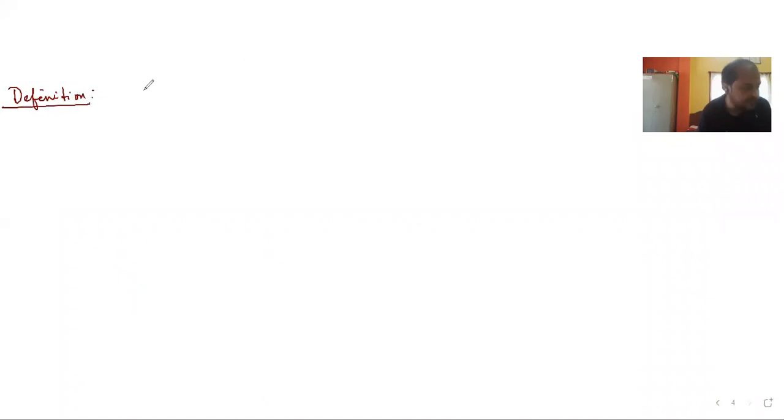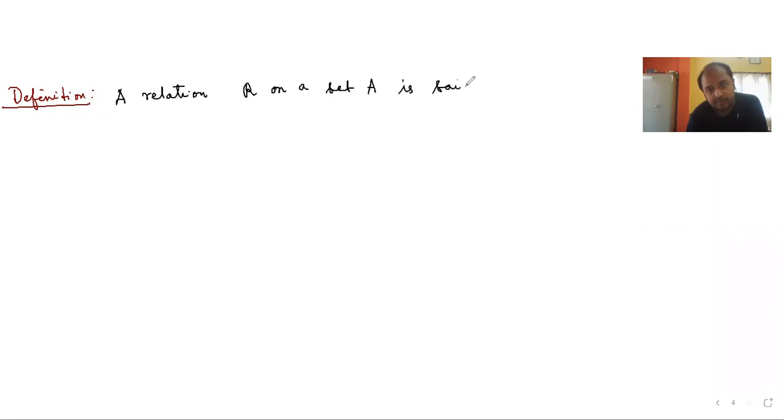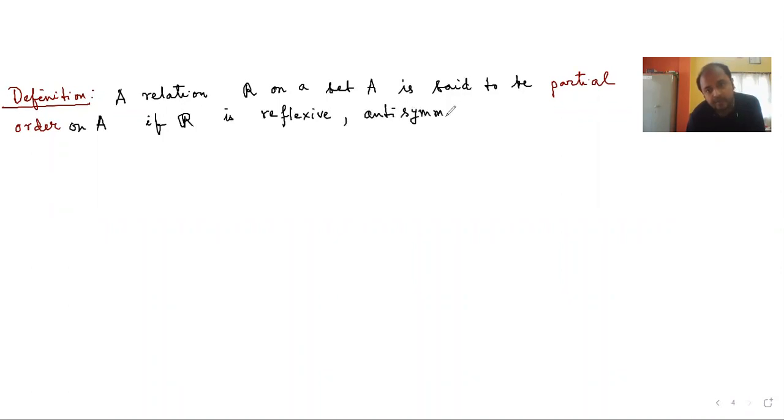Okay, so definition goes like this. A relation R on a set capital A is said to be partial order on A, okay, if R is reflexive, antisymmetric, and transitive.